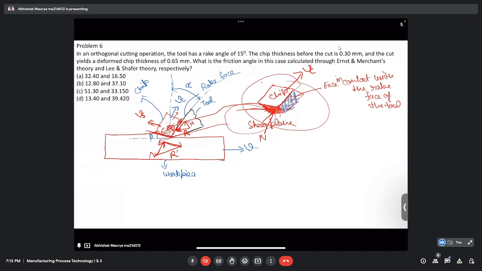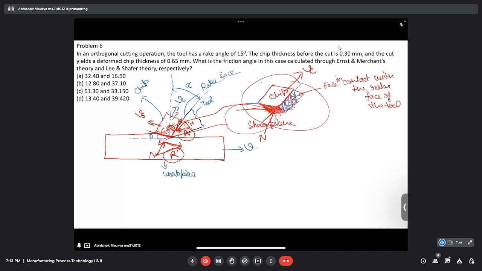Since the chip is in equilibrium, the net force on the chip will be zero. What does this imply? It means these two resultant forces R dash and R must be equal. So they are equal in magnitude as well as opposite in direction.